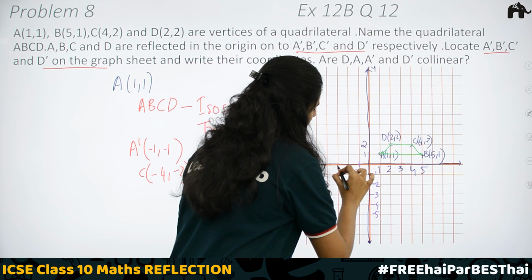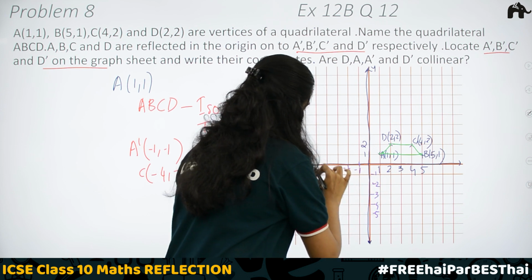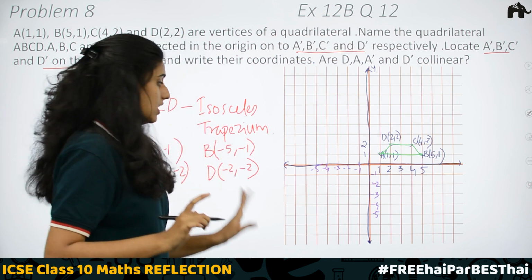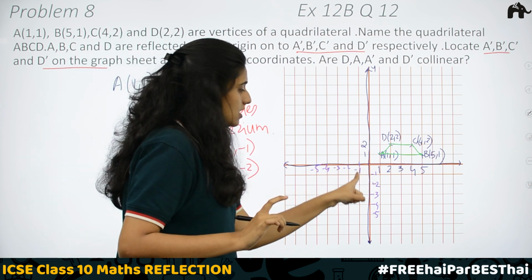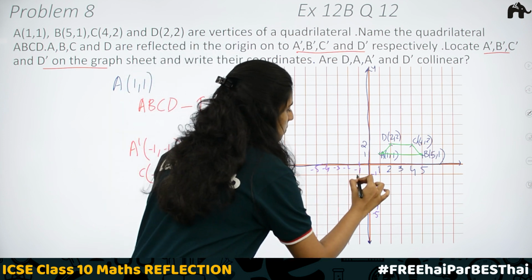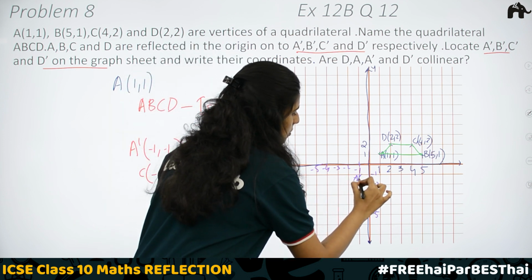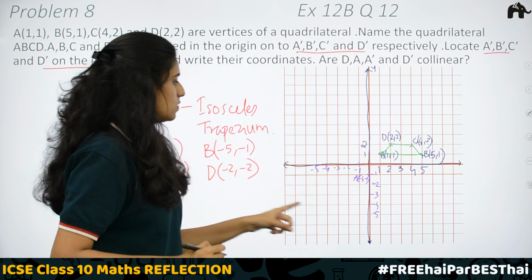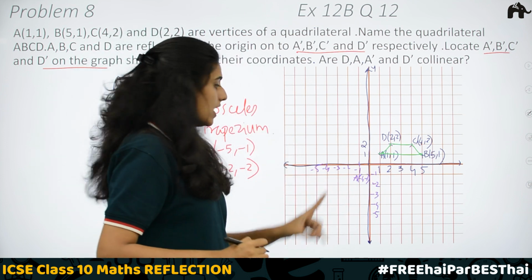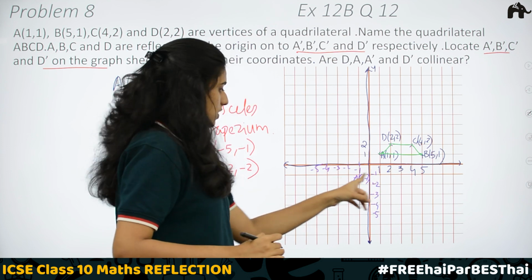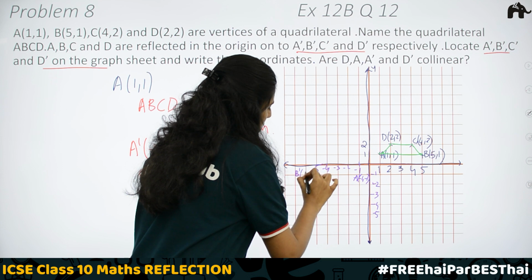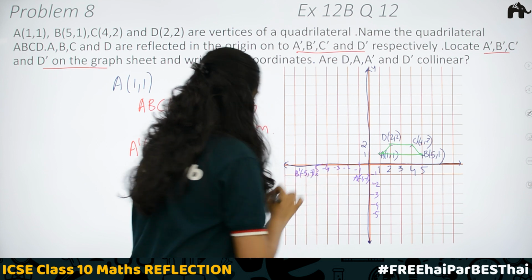The first point, A dash, (-1,-1). Here we have -1 and this is -1. We got the point A dash. Next point B dash, (-5,-1). Along the x-axis -5, along the y-axis -1. So this is the point B dash.